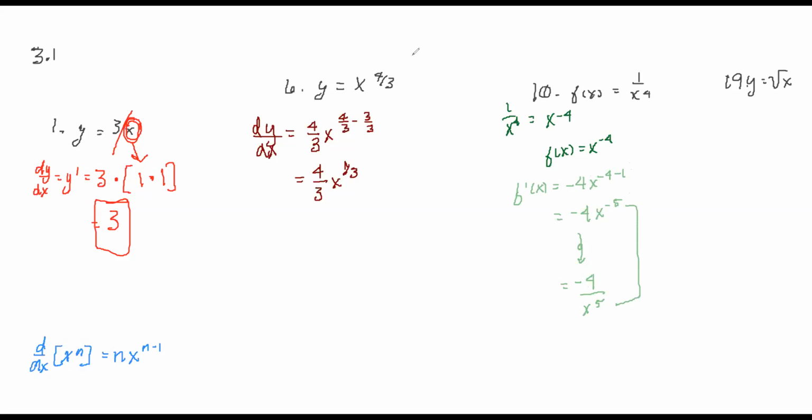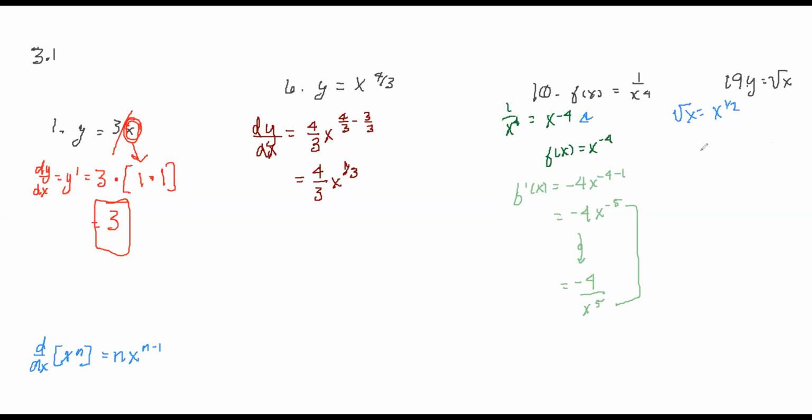Okay. And finally, over here, we have y is equal to root x. Thinking to yourself, probably, how can this be a power rule? But we're going to do something similar to what we did over here, in that we're going to say that root x is actually equal to x to the 1/2.